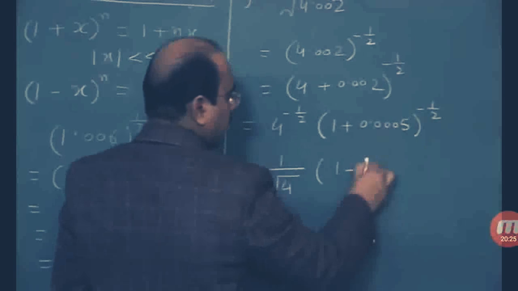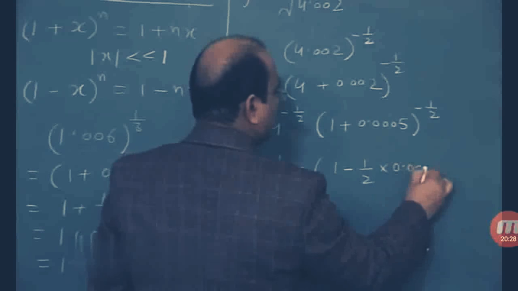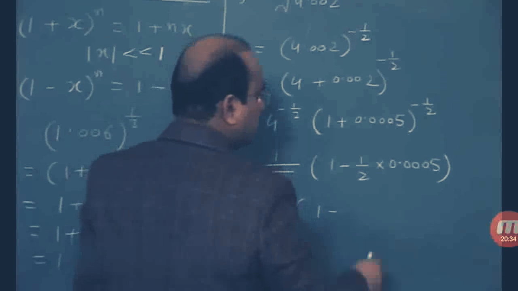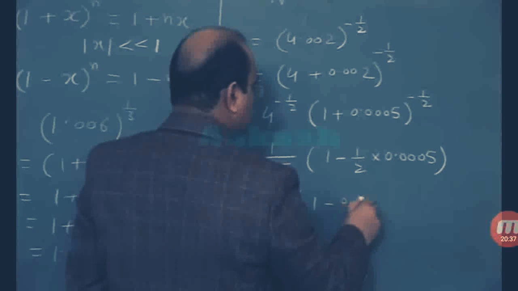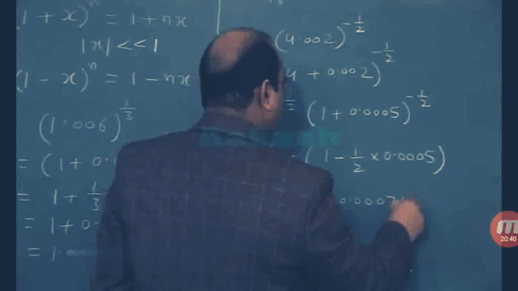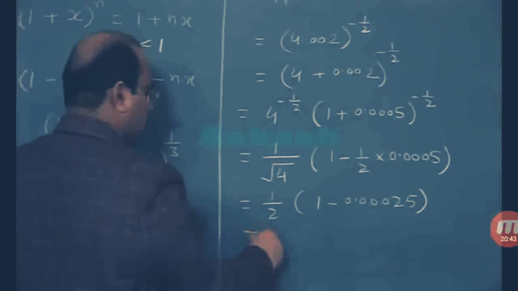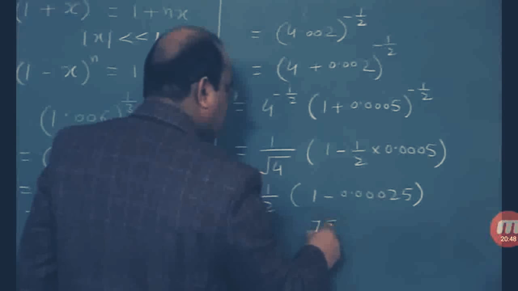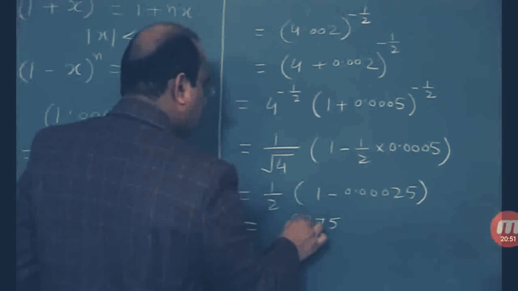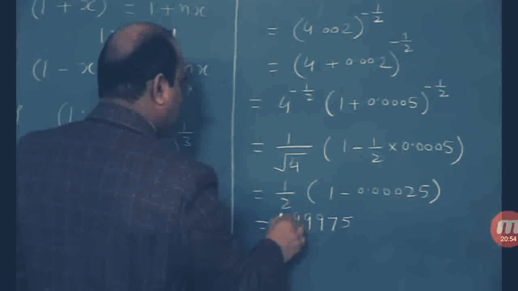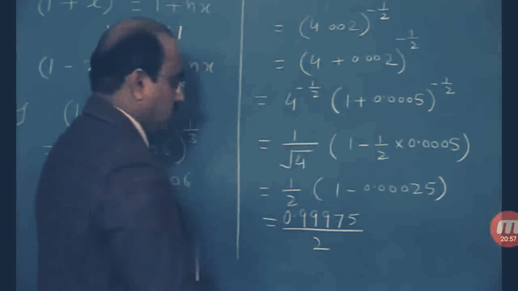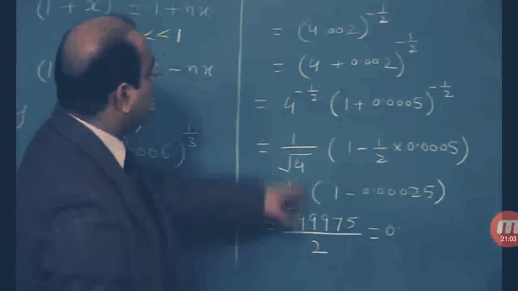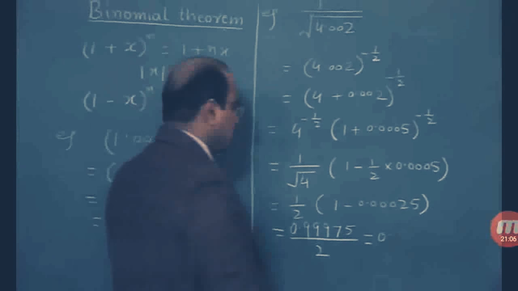This power is multiplied to this. It is 1 by 2, 1 minus 0.00025, and it will be 5, 7, 9, 9, 9, 0 upon 2, and divided by 2, you'll get the approximate value of 1 by root of 4.002.